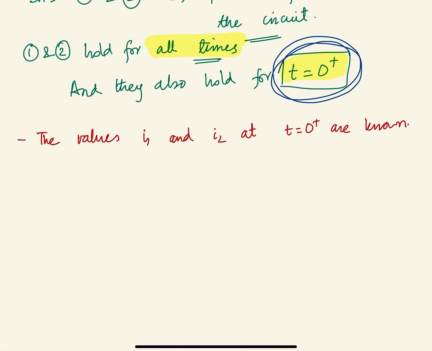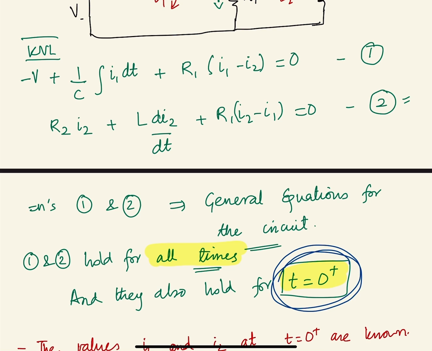Now let me take a look at equation number 1. If you take a look at this equation, this term is known to us, and this term is also known to us. At t equal to 0, what is the current through the capacitor? All of the current goes through the capacitor, since the capacitor is a short circuit. So this term is also known, right?